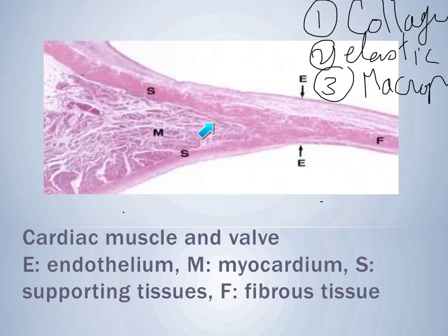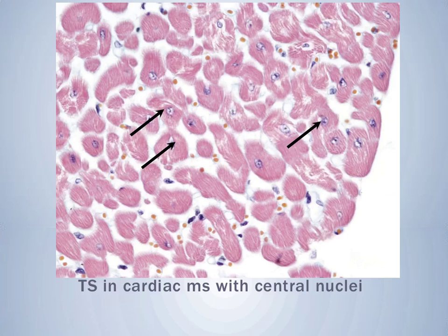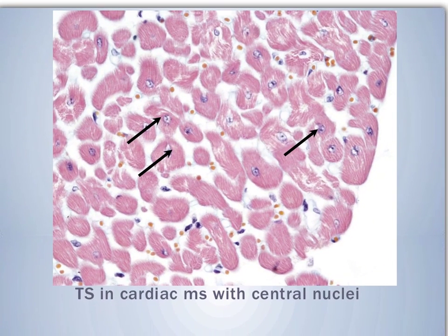This material is the cardiac muscle fibers cut in different directions. Some are longitudinal, some are oblique, some are transverse. In this picture, you can diagnose that it is a transverse section in a muscle. Here, the fibers are not cylindrical, but more or less polygonal or rounded in shape, so it is a transverse section.